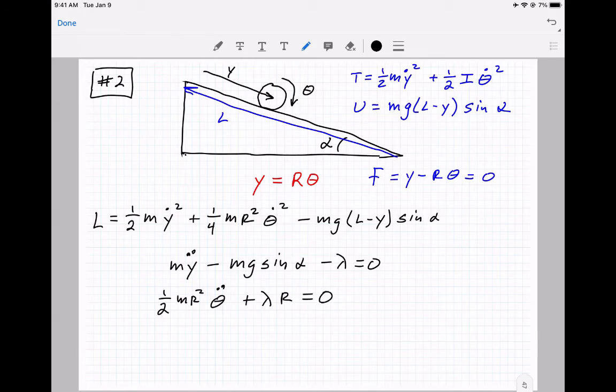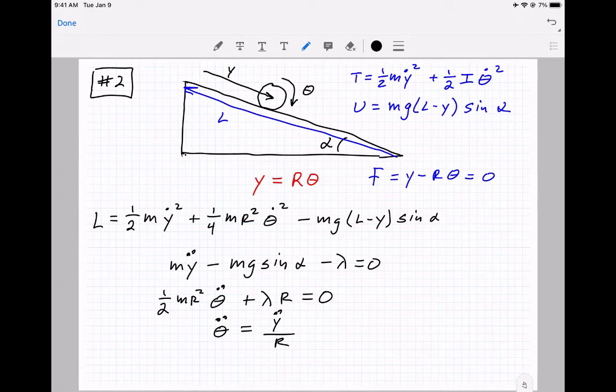And I'm going to do my third equation already: theta double dot is equal to y double dot over r. The third equation is the double time derivative of my equation of constraint, just like we did last time.